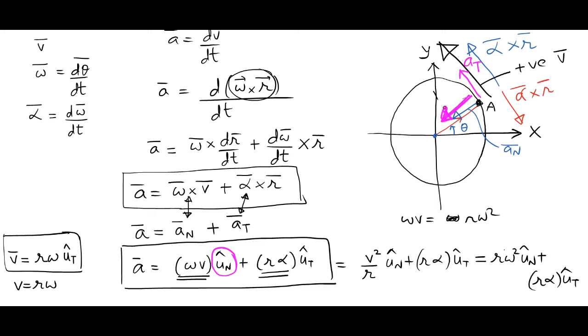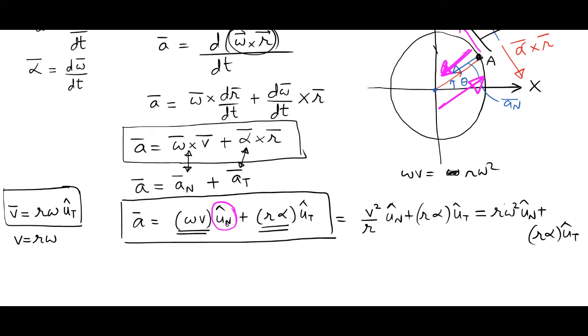Sometimes you take a unit vector which points in the radially outward direction, and let's say that you give it a name like UR cap. So it's clear that UN cap and UR cap have the same magnitude 1, but they have opposite directions, so they are negatives of each other.